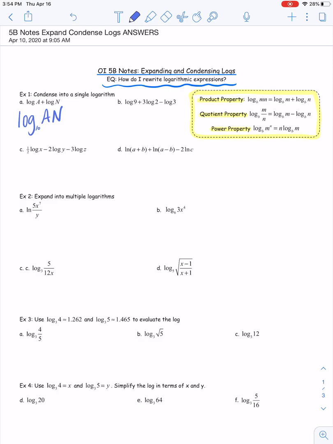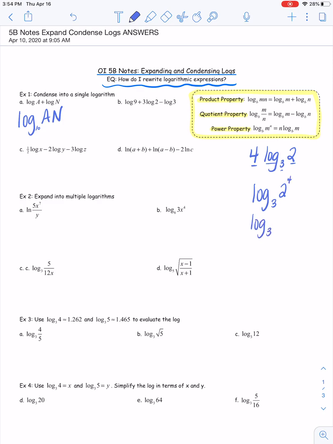Let's say we have some number, 4 log base 3 of 2. I'm just making this up. This is our number, the log base 3 of the argument of 2. The power property says that I can rewrite that as the log base 3 of 2 to the fourth power, which then I could just simplify.